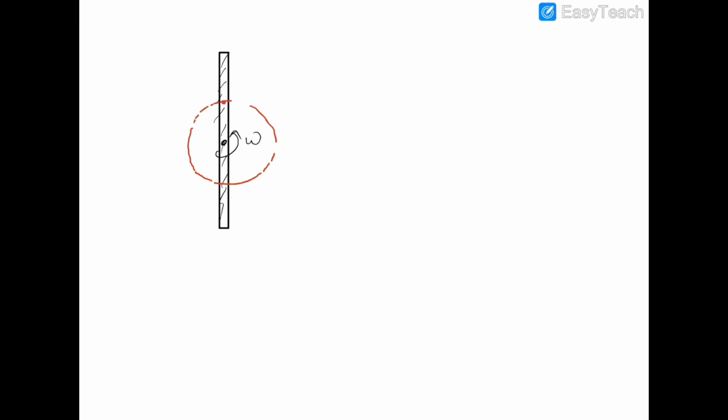So the force which it would be experiencing would be centrifugal force, where the mass is M by 2, because we are talking about the half part. So M by 2, the radius of its circular motion is this one, L by 4. So m r omega square.